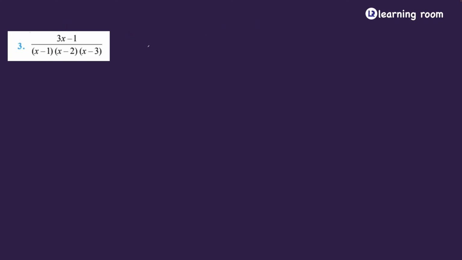Next, integral of 3x minus 1 divided by x minus 1 into x minus 2 into x minus 3 dx is equal to. So here we have factors. Whenever you have factors, how are you supposed to write? Something by x minus 1 plus something by x minus 2 plus something divided by x minus 3. What will be in the numerator? A, B, and C. Right. So then you will take LCM.